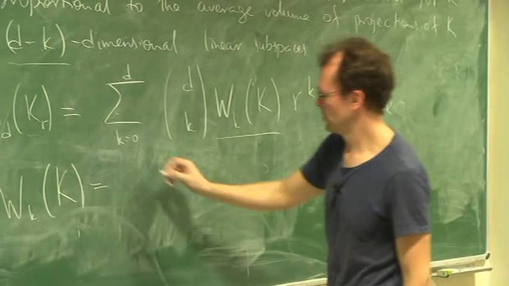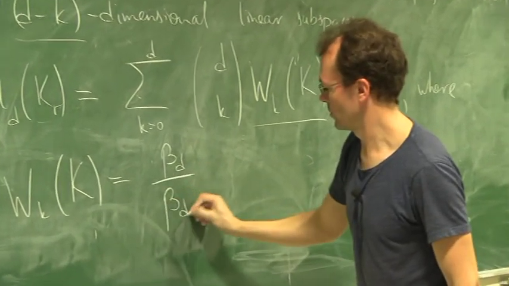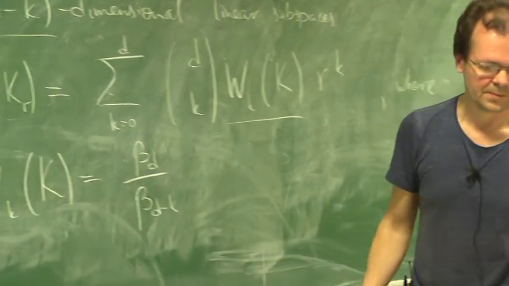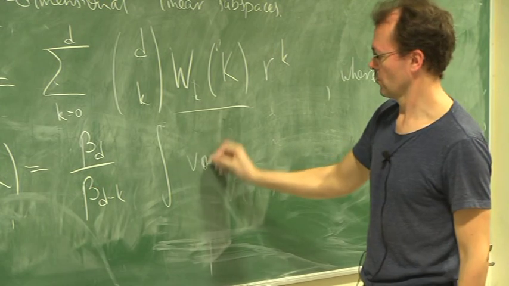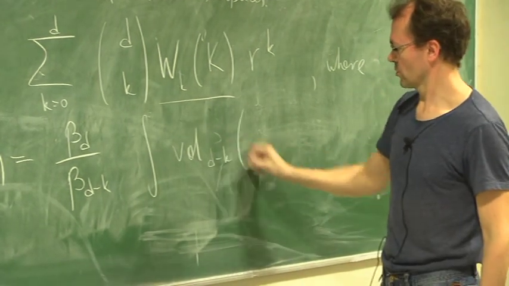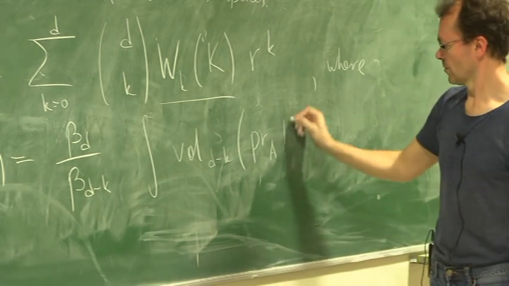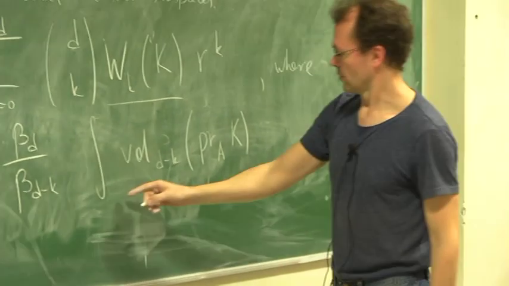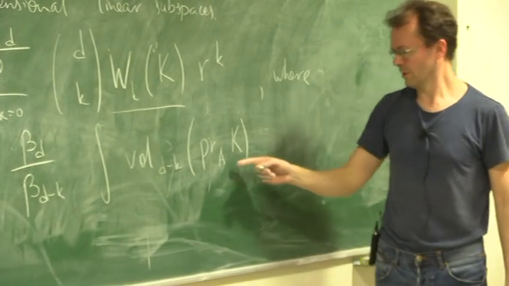This is beta d divided by beta d minus k, times the integral of the volume of the projection of K, and the integral goes over all d minus k, well, it depends.